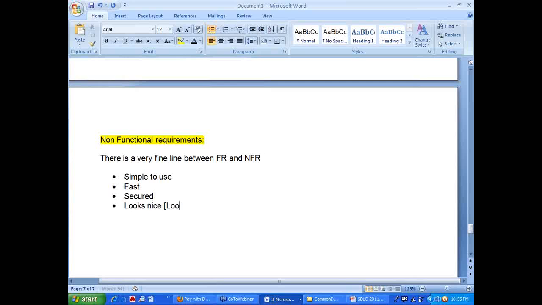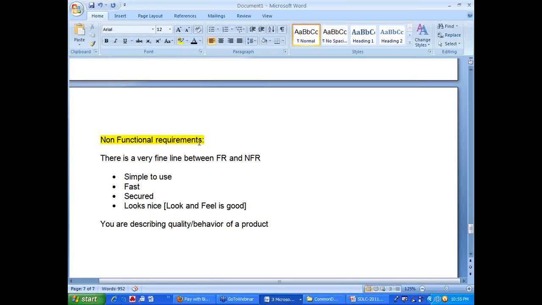This is what IT people call good look and feel. If you look at it, you feel good. That's what look and feel is. So what you are doing here is describing the quality and behavior of a product.